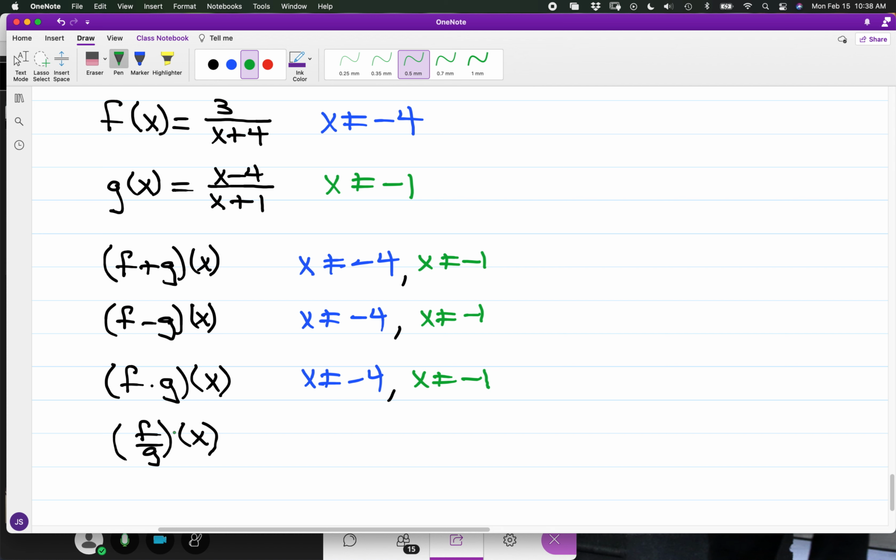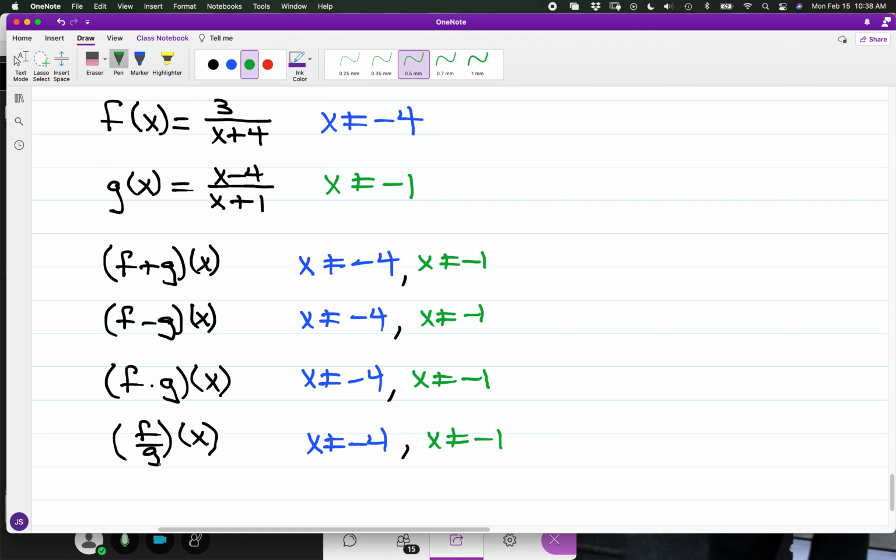And guess what? For the quotient function, we still had to be able to work with f of x, so again x cannot be negative 4. And we still had to be able to work with g of x, so x cannot be negative 1. But because we have a quotient function, we might still have a different domain.